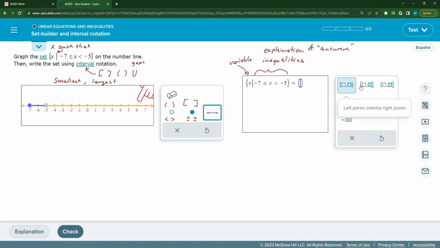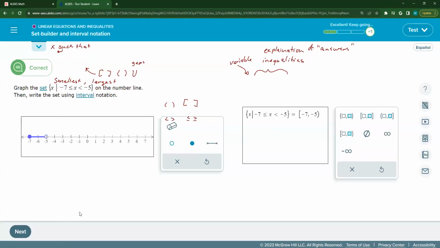So I'm going to need a square, and then the other end is going to be a rounded. So they can mix and match. We can either type them or we can use this. So my first dot is closed. My last dot is open. And then I'm just going to put my numbers in here, and -5. And then we're going to check. And hopefully we have everything correct. And it should be happy.